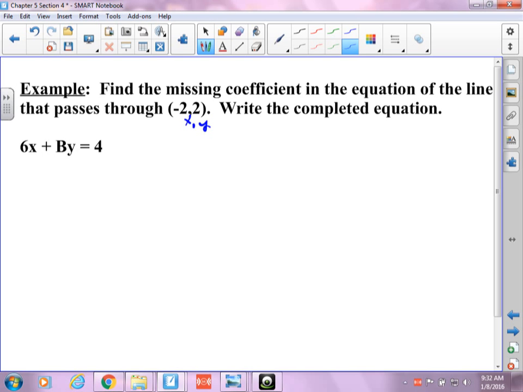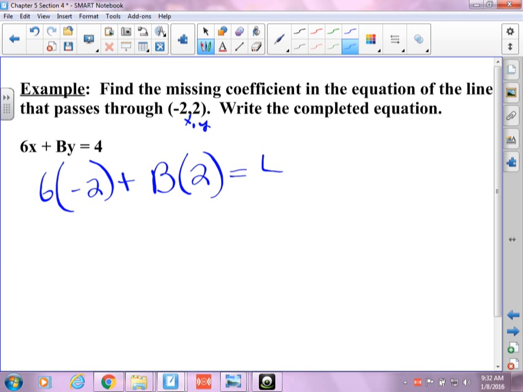So this is kind of like what we did before when we were trying to find b in y equals mx plus b. So I'm going to go 6 times negative 2 plus, what do I put in for b? Yep. Would it be b times 2? Yes, b times 2 equals 4. Where did I get the 2 from? The ordered pair, right. Okay, so let's bring it together.